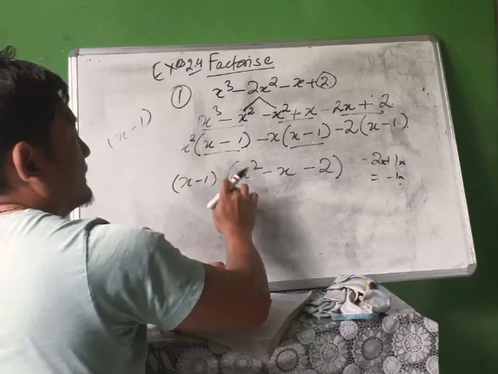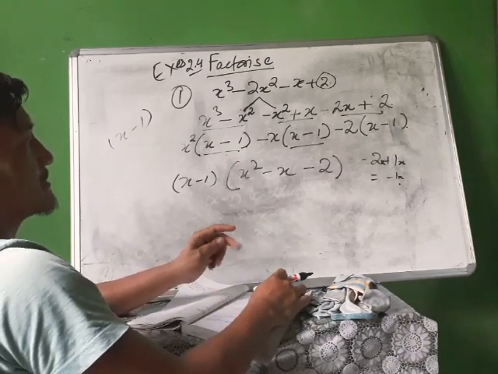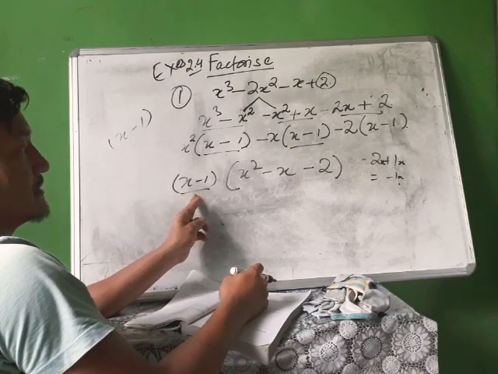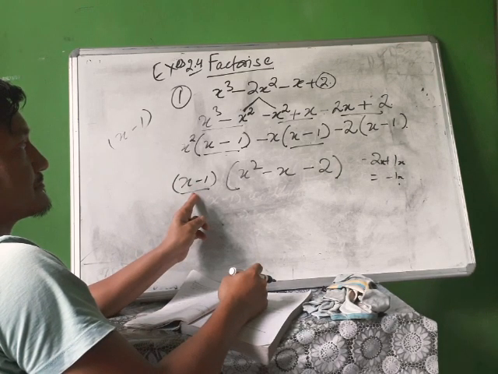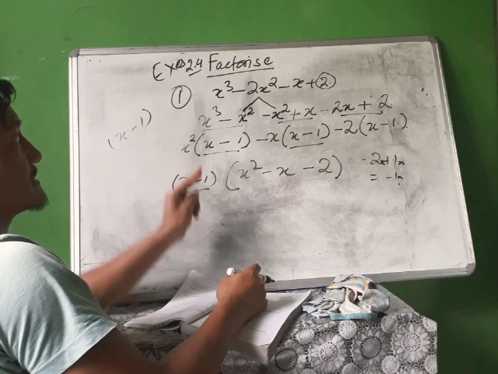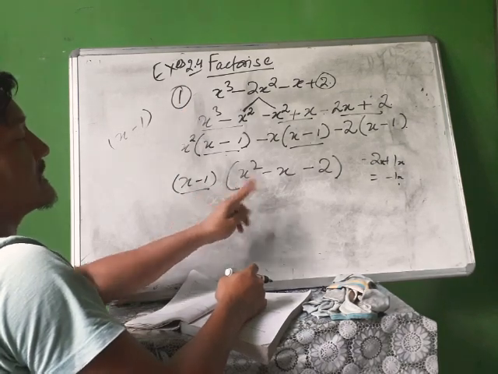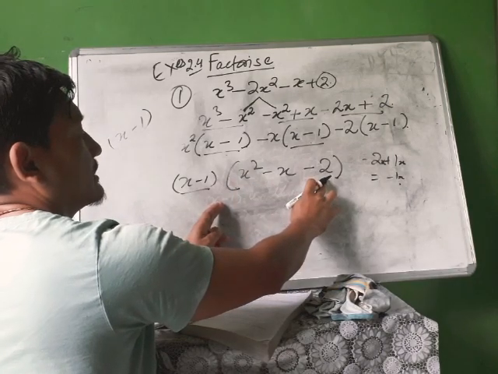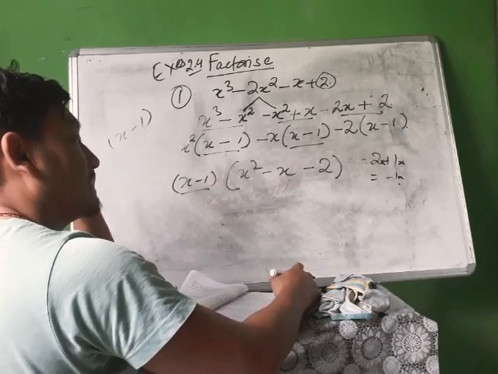So now, one of the factors of this given polynomial is already out. So what is left? This is the quadratic polynomial that we have been left with.